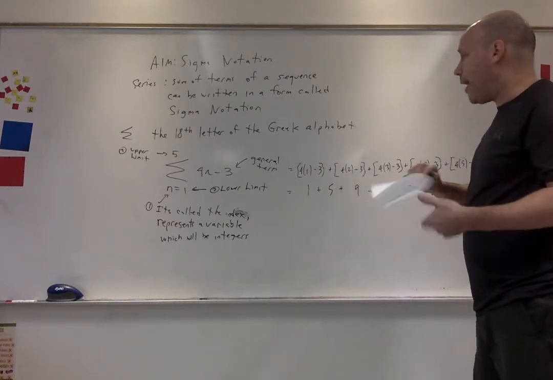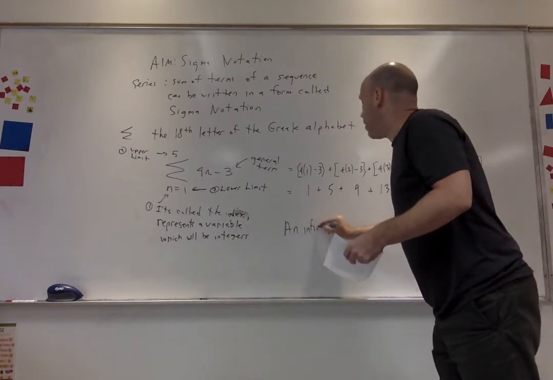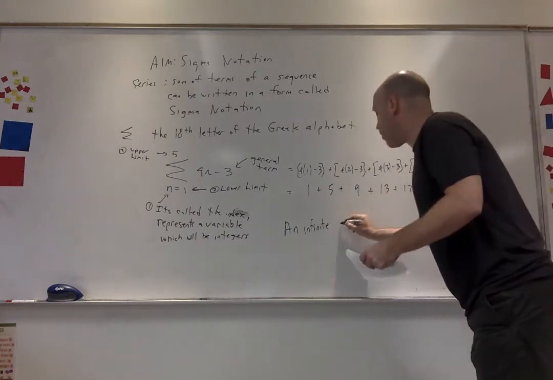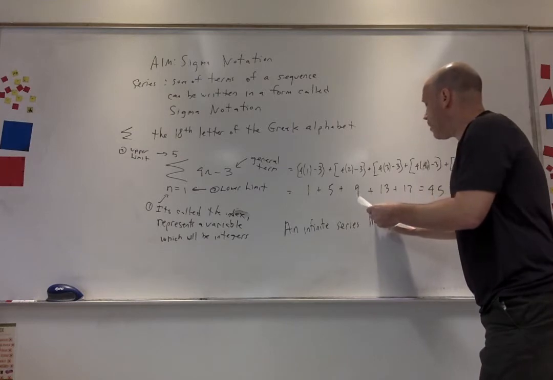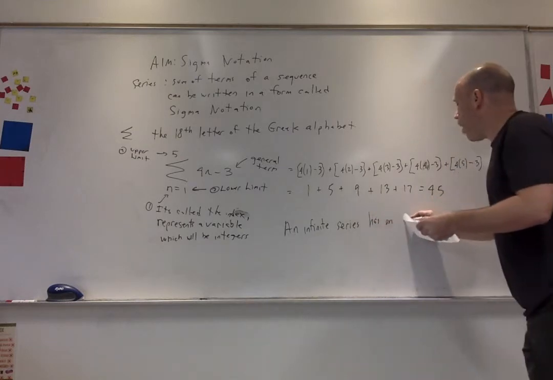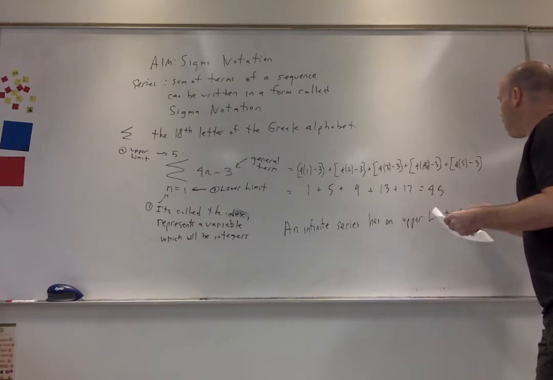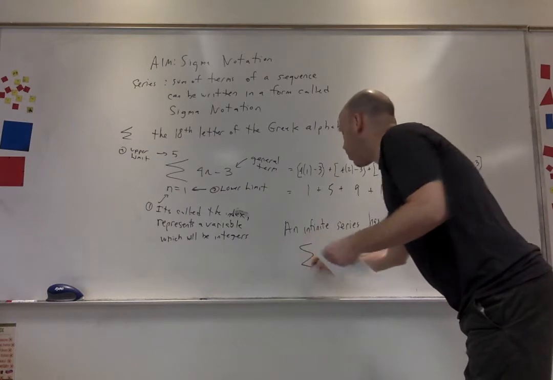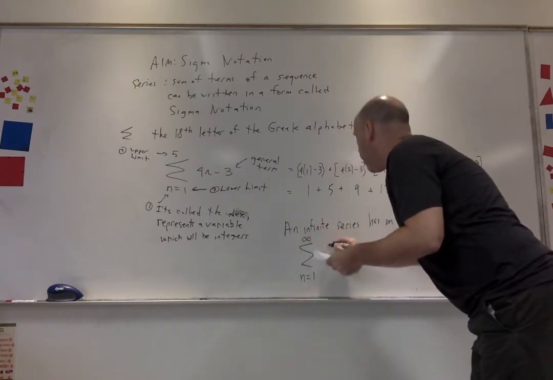We could also take a look at something called an infinite series. An infinite series has an upper limit of infinity, and it's written as, for example, sigma notation of n equals 1 to infinity of 1/2 to the n.